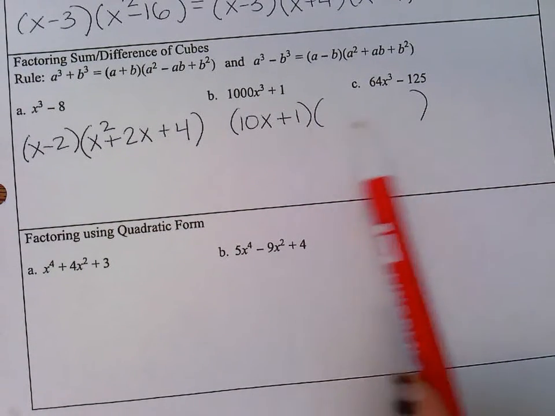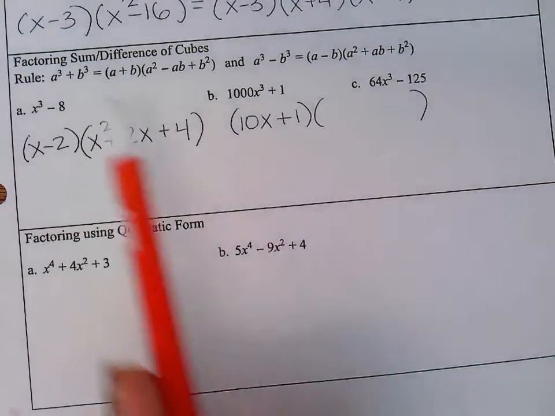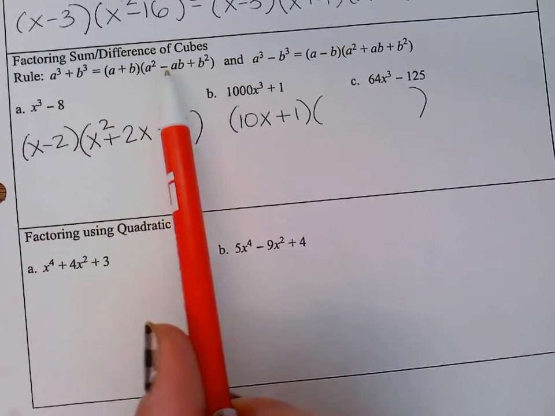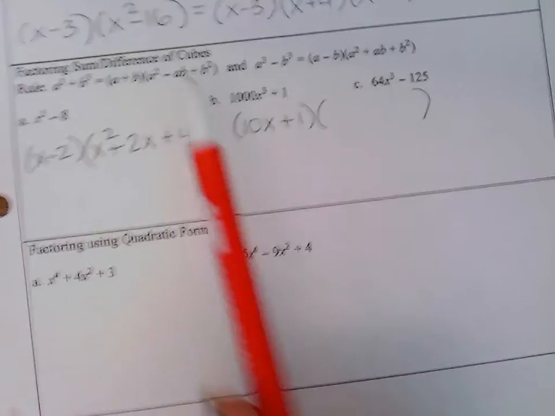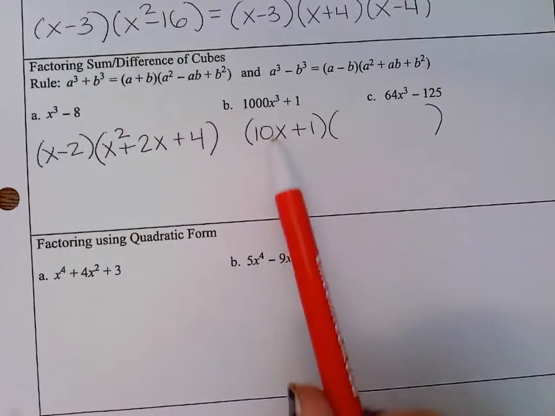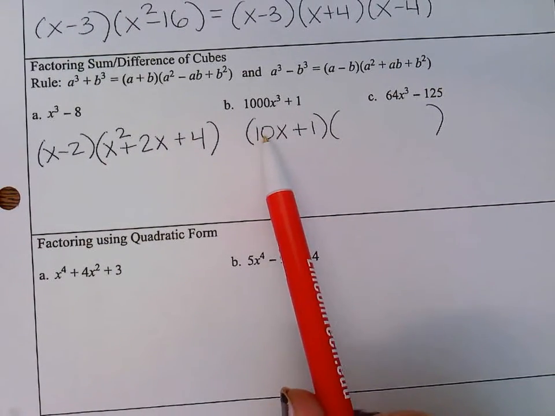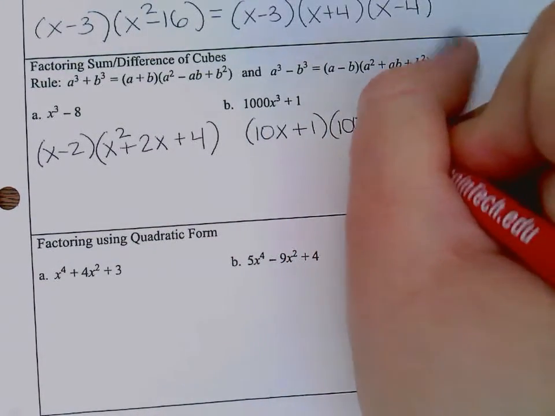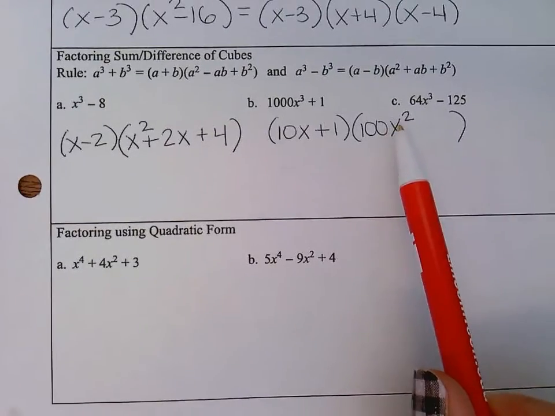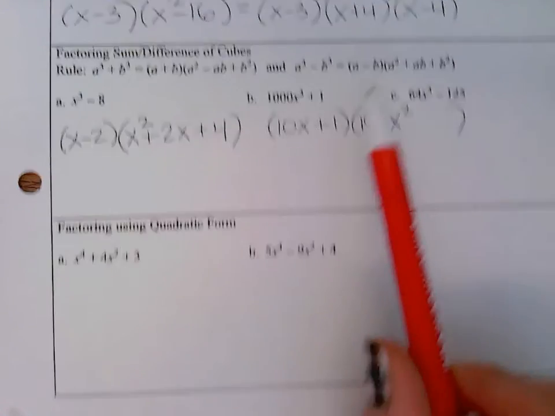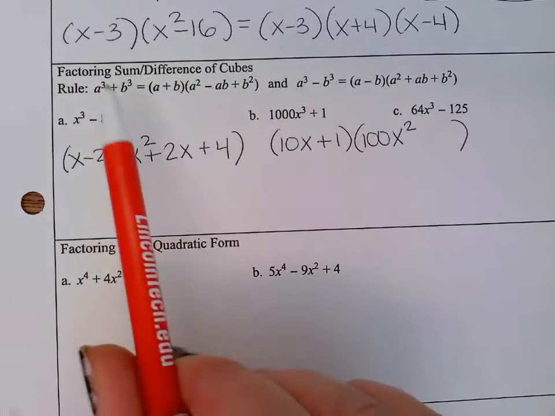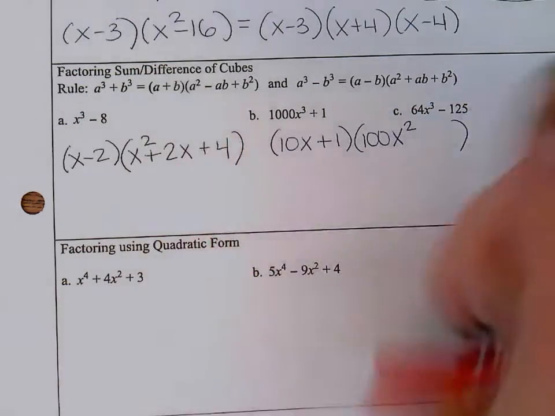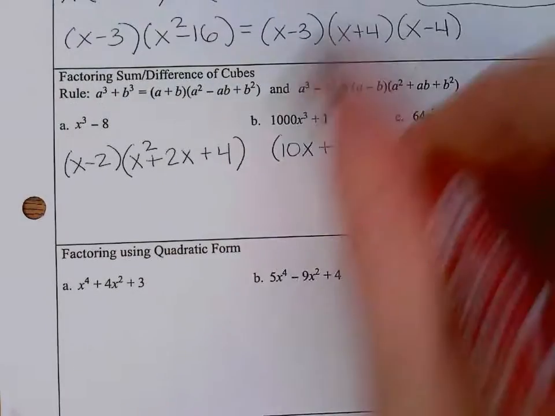So now I've got to get my trinomial over here. The only difference is the signs. This is a plus sign. This is a minus sign this time. So my first term is going to be a squared. So 10x times 10x, 100x squared would be my first term. And then the formula over here, the plus formula, tells me to put a minus sign in my trinomial, so I put a minus sign.